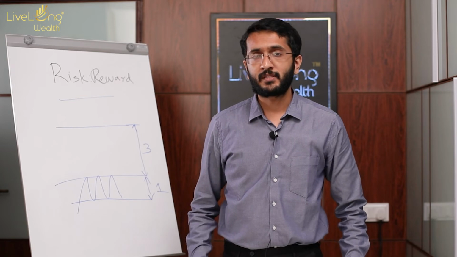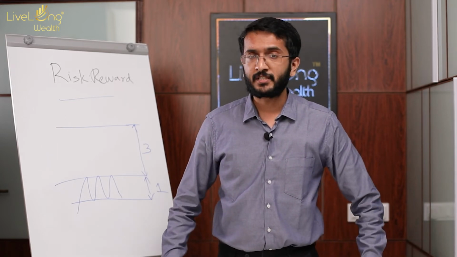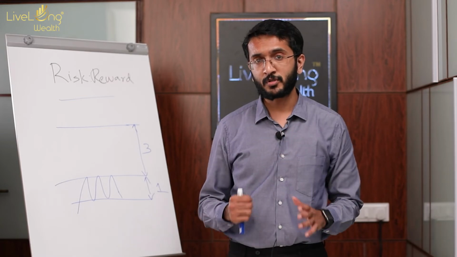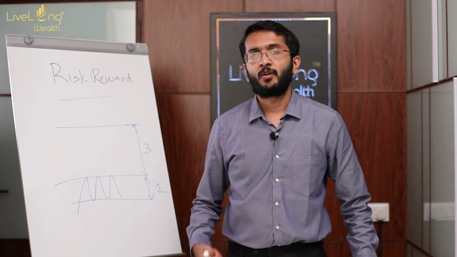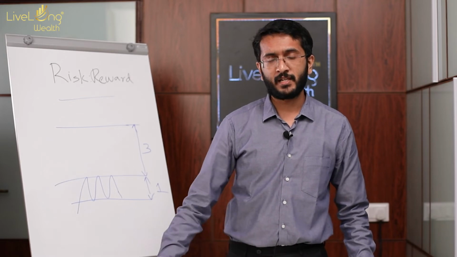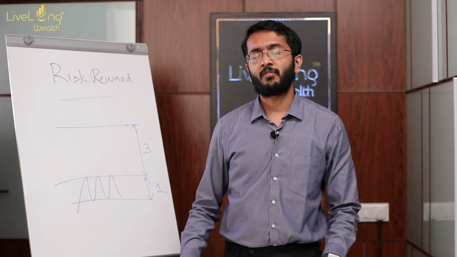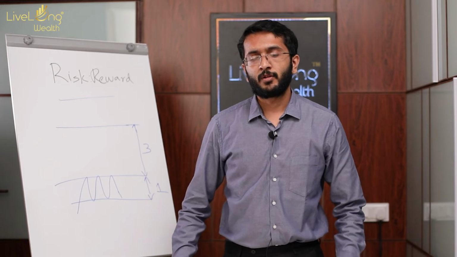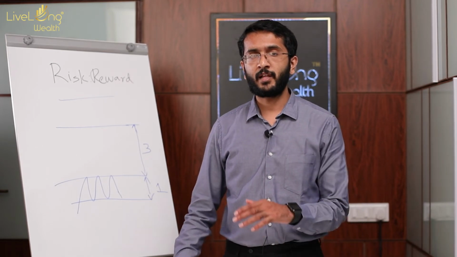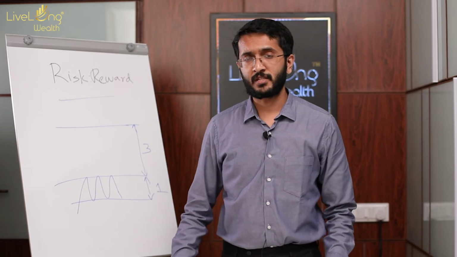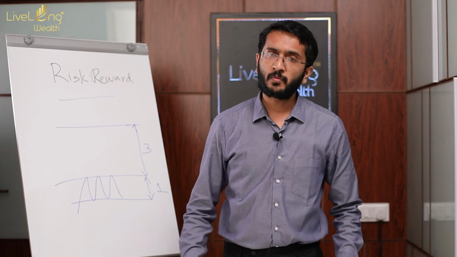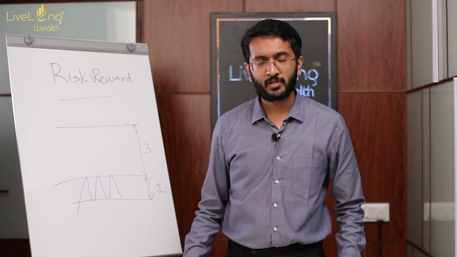Now some of you would still be wondering, okay, accuracy is just 40 or 50%. Risk reward, I suppose now you are capable of understanding. Now what are the other methodologies that we could use to maximize our winners and cut short our losers further? Now this is a discretionary approach. Discretionary in the sense that it is completely your mind that is going to take decisions on what to do, when to do, etc., and the results could vary from individual to individual.